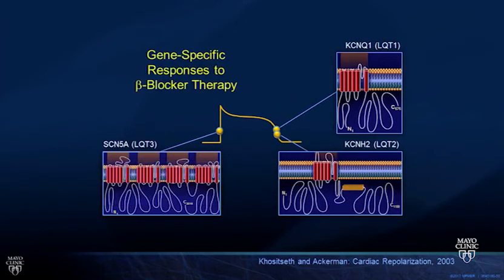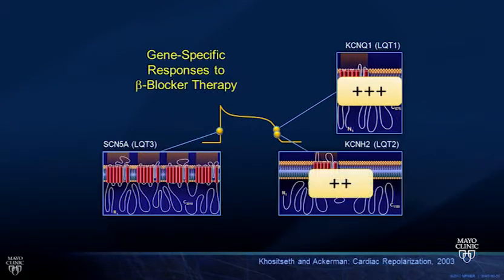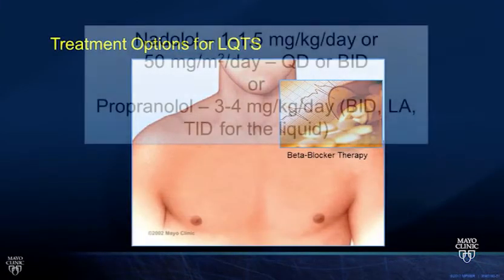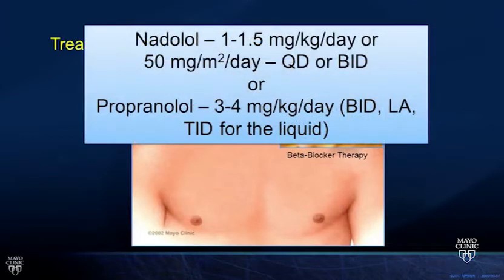And then last, gene-specific responses to beta blocker therapy. Beta blockers work absolutely the best in LQT1, next in LQT2, and they work, but they're not as effective in LQT3. So for beta blocker therapy, I would strongly urge in your practices use of the non-selective beta blockers nadolol and propranolol.